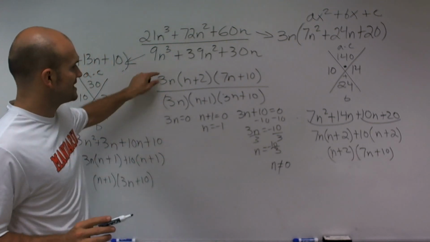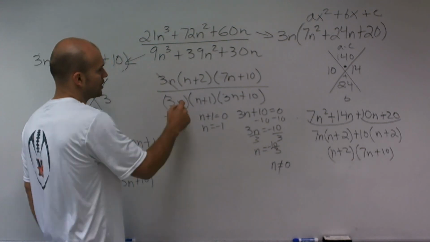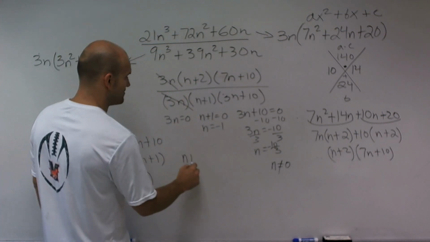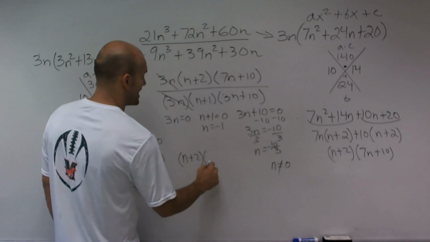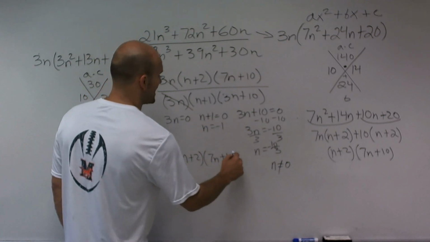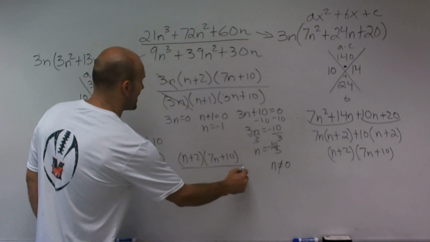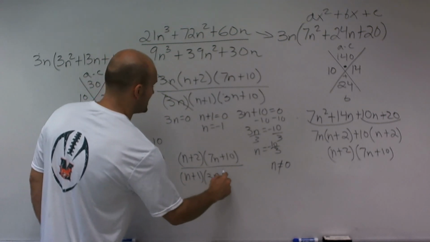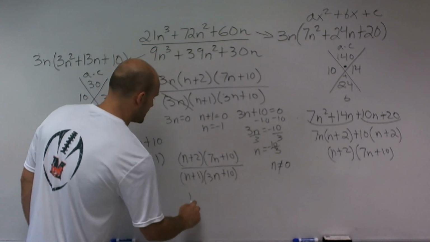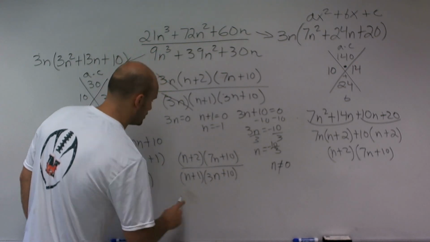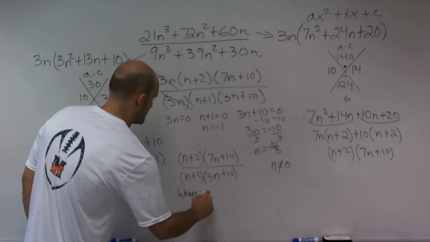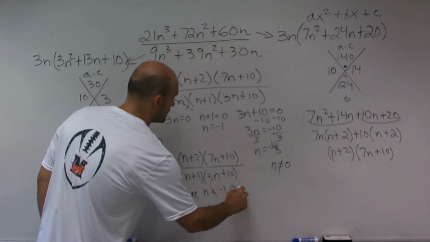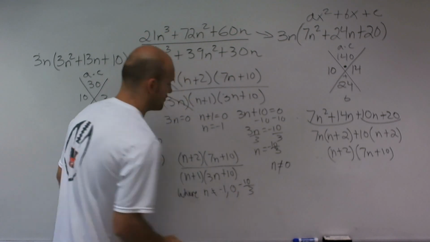However, we do notice that 3n and 3n are going to divide by each other. So my final answer is just going to be n plus 2 times 7n plus 10 divided by n plus 1 times 3n plus 10, where n, I'll write this below, n cannot equal negative 1, 0, and negative 10 thirds.